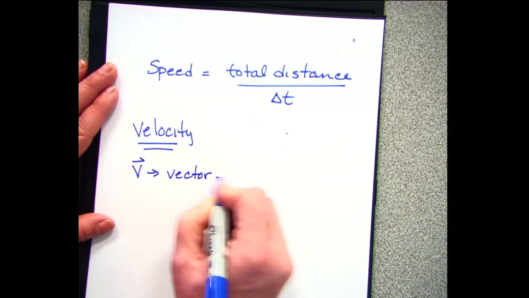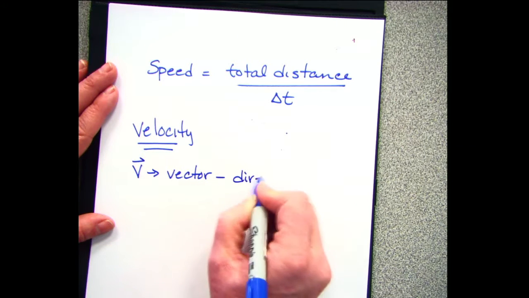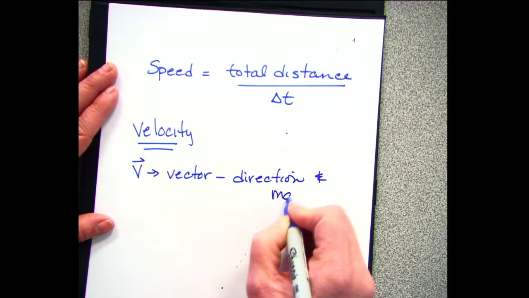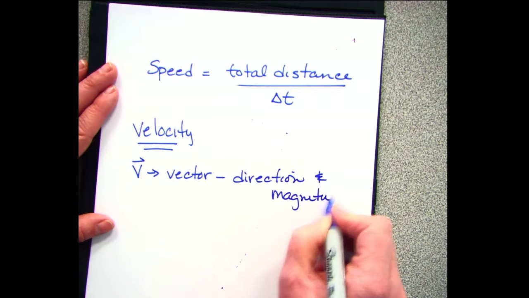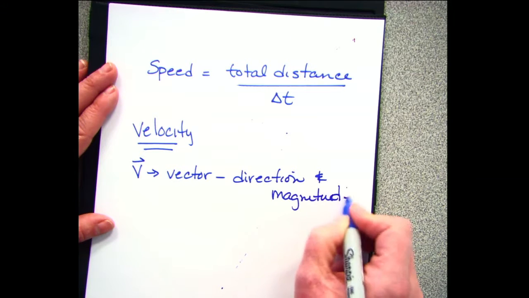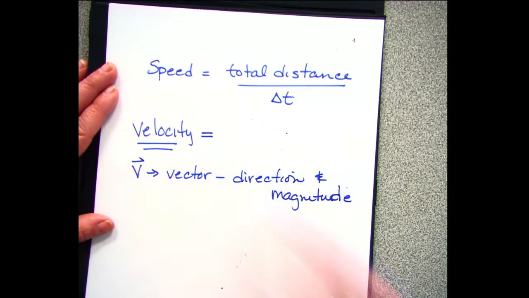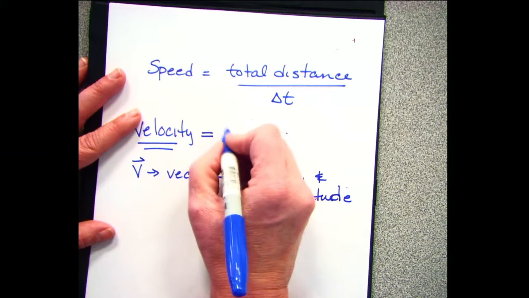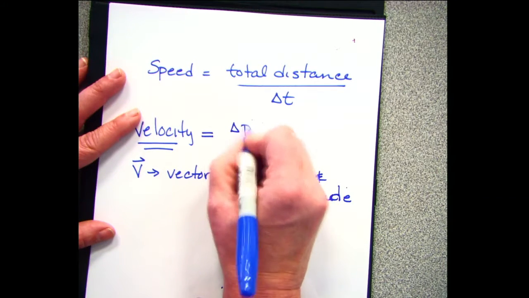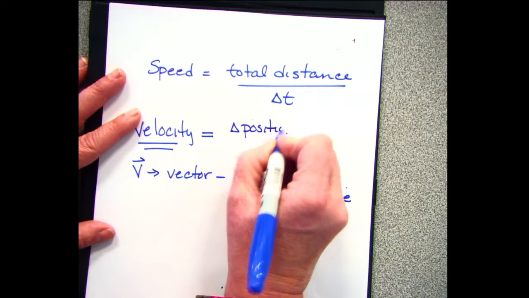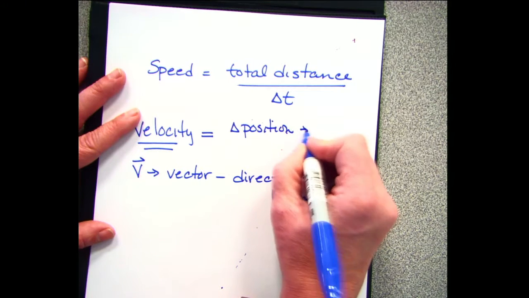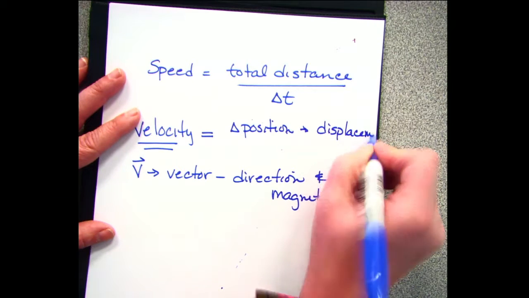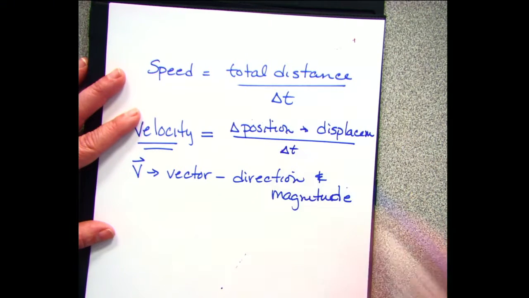It's going to have direction and magnitude. But in one dimension, we can look at it a little differently. In one dimension, we're looking at this as my change in position, or my displacement, divided by my change in time.